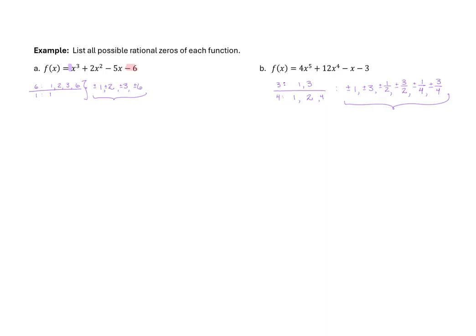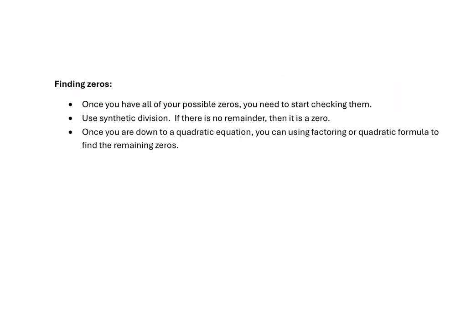Now, of course, remember that the ultimate goal of this is to solve and find the zeros. So we're going to take this a step further. Once we have all of our possible zeros, we want to start checking them, and we're going to use synthetic division. We're just going to start picking our numbers and plug them into our synthetic division. If there's no remainder, then it is a 0.